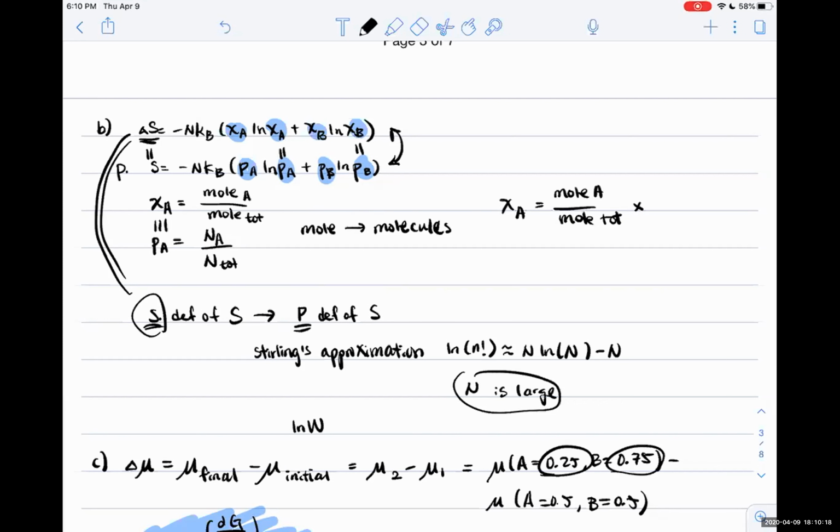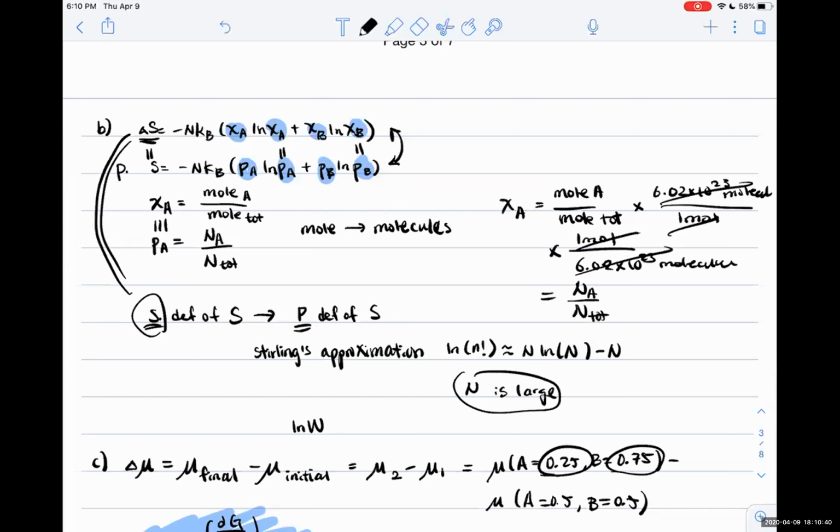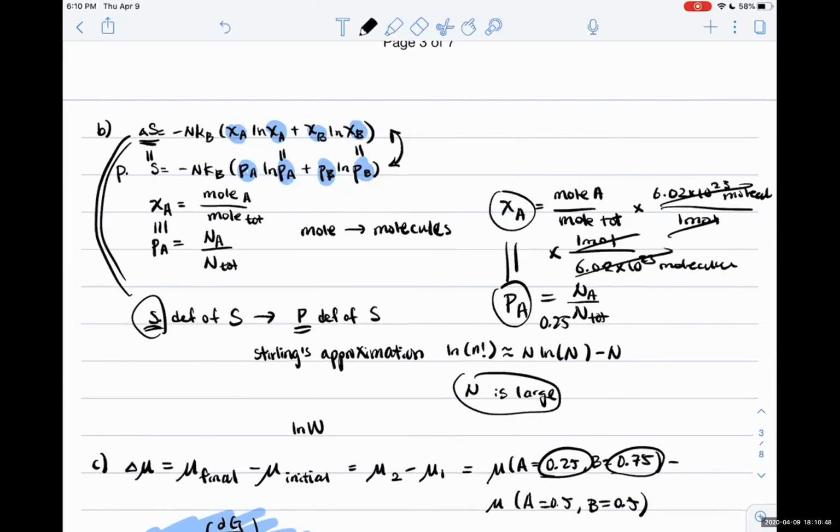And then we can multiply molecules over 1 mole times 1 mole, and in the end, because these cancel out, basically it's going to be the same thing. So PA and XA are equivalent. So you're going to use PA as XA. So PA is going to be 0.25.